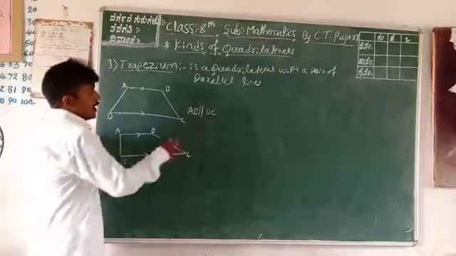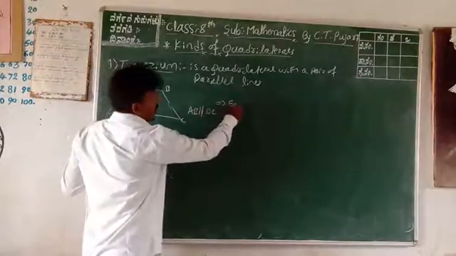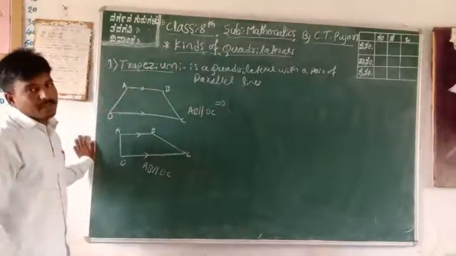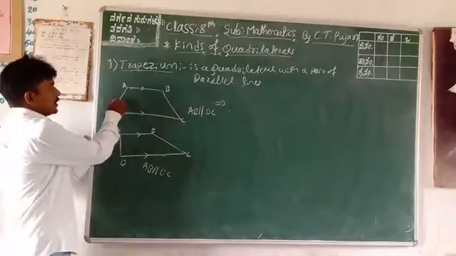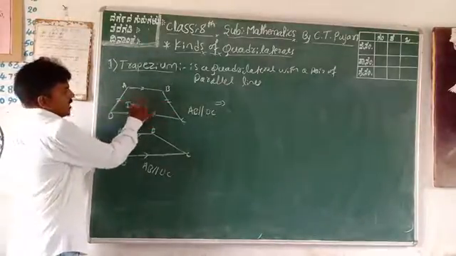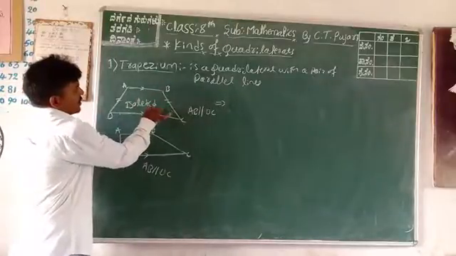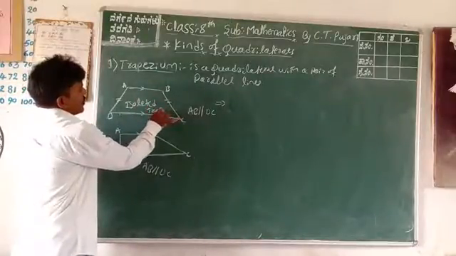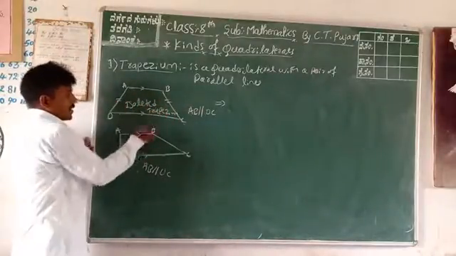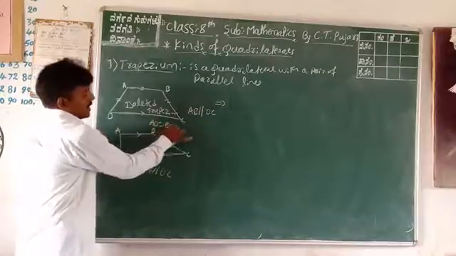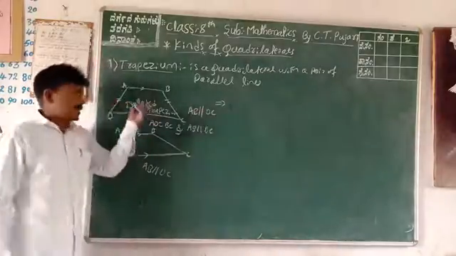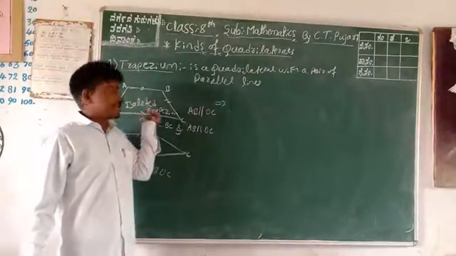And also, in the second part, there is the isosceles trapezium. Isosceles trapezium means these two sides are equal and this one is parallel. Isosceles means two sides are equal. AB is equal to BC and also AB is parallel to DC. This trapezium is also an isosceles trapezium.